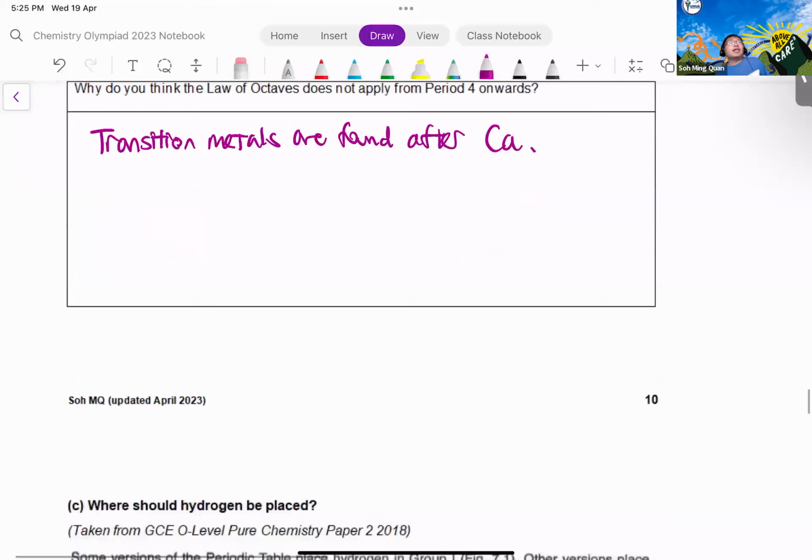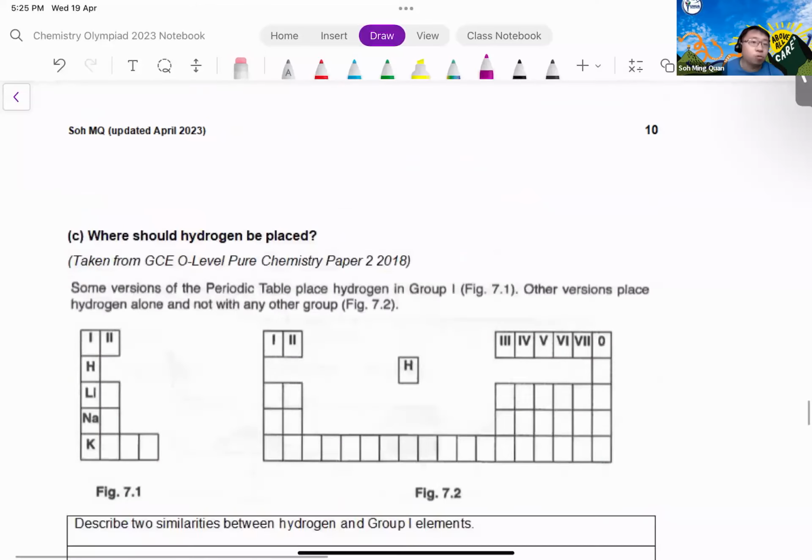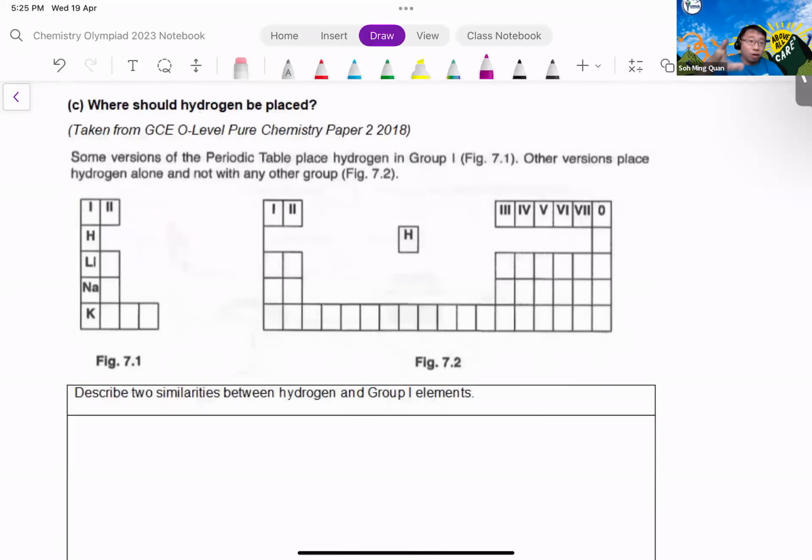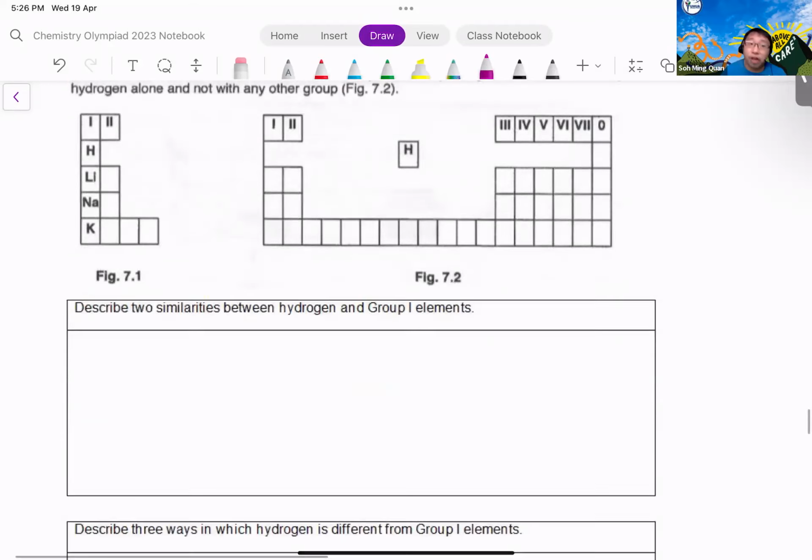Now, another interesting question to ask ourselves always is, where should hydrogen be placed? And this was actually asked as part of the O level itself. Some periodic tables will place hydrogen in group 1. Of course, the periodic table that you use in the exam places hydrogen alone, not under any single group, which is rather interesting. So this question, I will leave it up to you to think on your own.